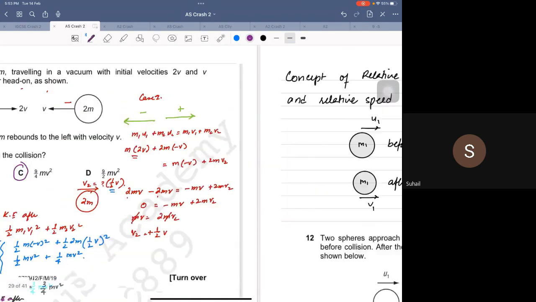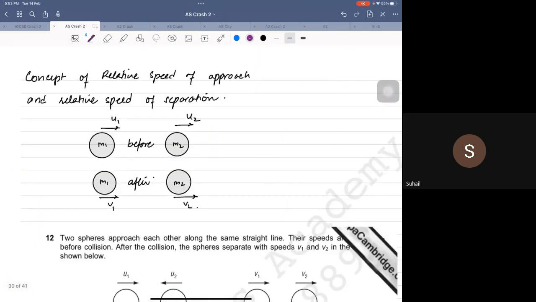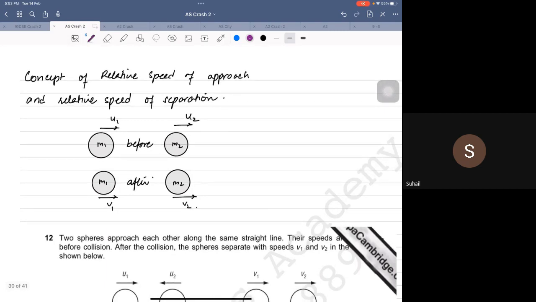Basically, you can also use the concept of relative speed of approach and relative speed of separation. And if you apply this correctly, you can find whether the collision is elastic or inelastic. Okay, so I'm going to give you just one equation. You just need to remember that.